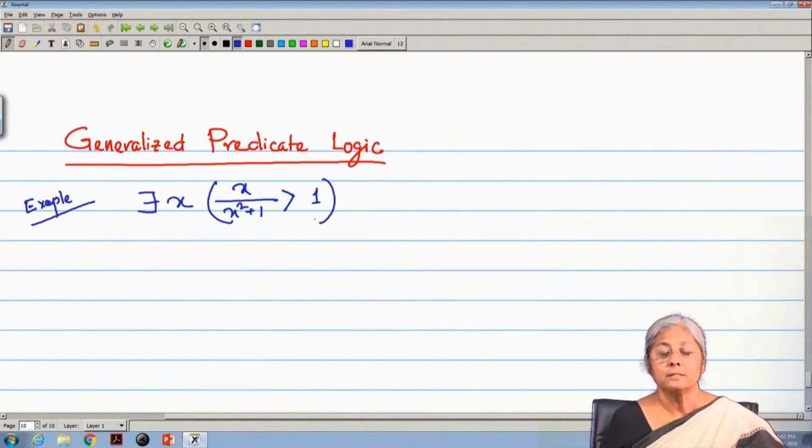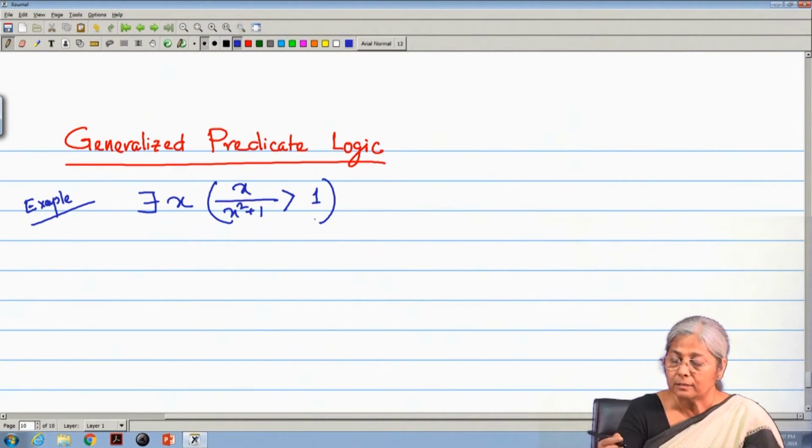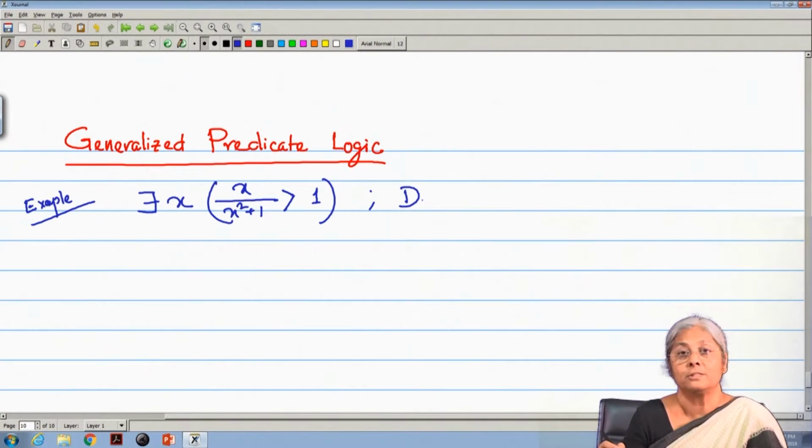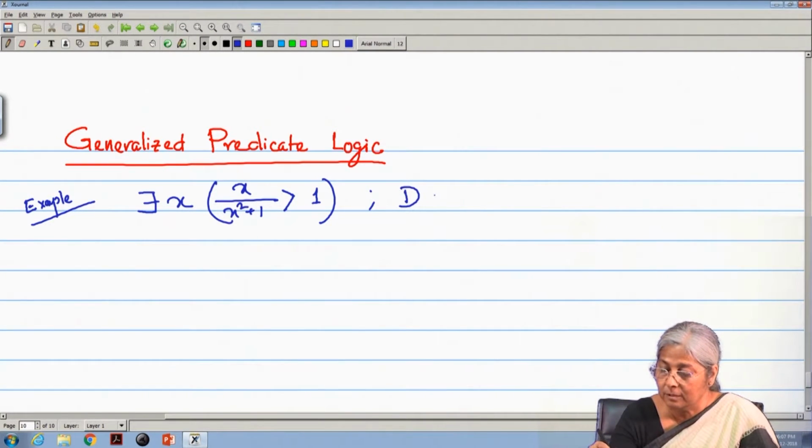Say this is one existentially quantified statement, and x can take the value from the set D, that means D is the domain of discourse, which you can take as the positive integers.